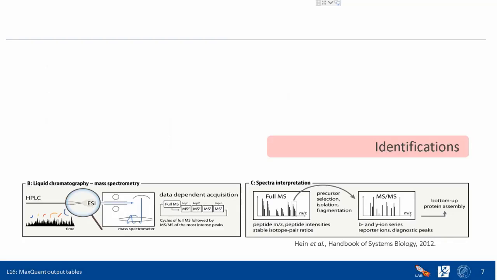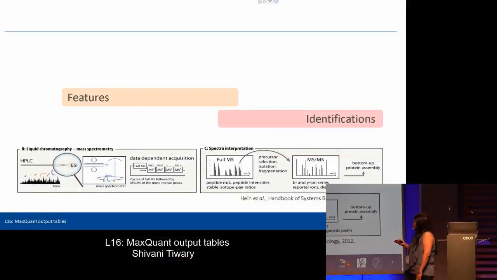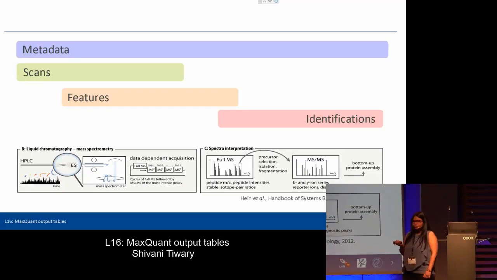So this gives you the identification level of your experiment. And this comes from the features, which are the 3D objects described by Jürgen earlier. And you get the information from scans. And above all of this information is the metadata, which is all the parameters which you use for your experiment.